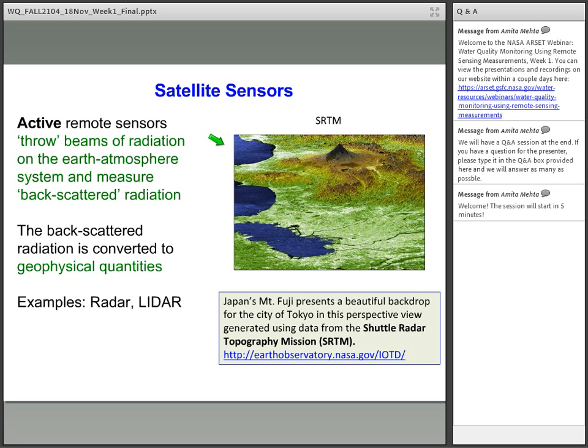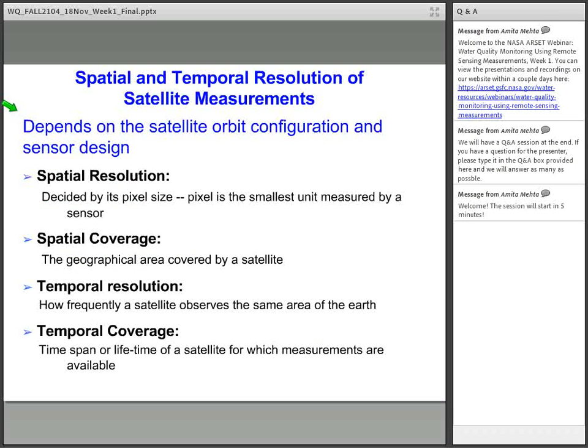Okay, so once we talked about sensors, now any data that we want to use for water quality measurements, we need to know spatial resolution, which is decided, again, by the sensor characteristics. The smallest piece of Earth or atmosphere measured by a sensor is a pixel.